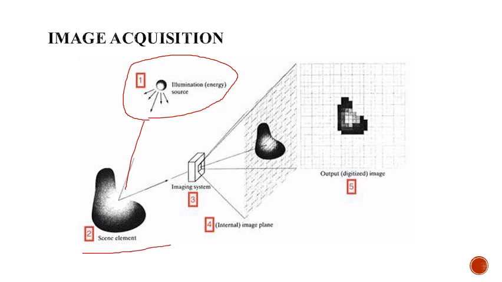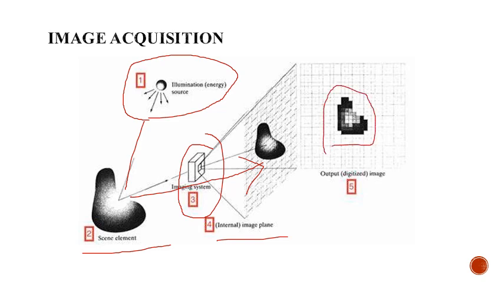Only in the presence of some illumination can a scene element be acquired using some imaging system, and this can be projected onto some internal image plane, and this could be outputted as a digitized image. So the digitization can depend on the components or the various processes involved in the conversion process.